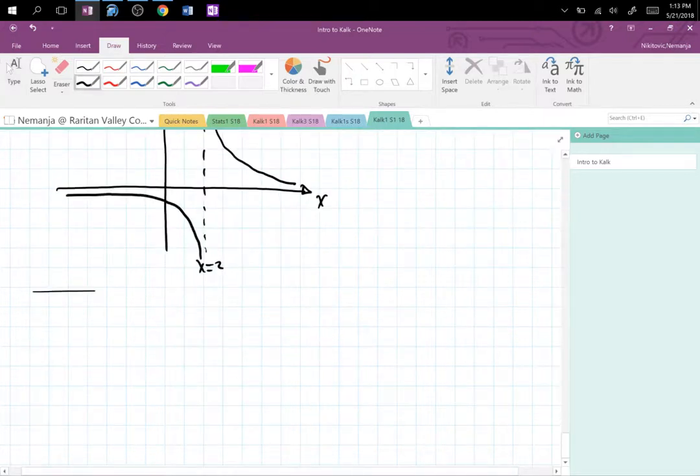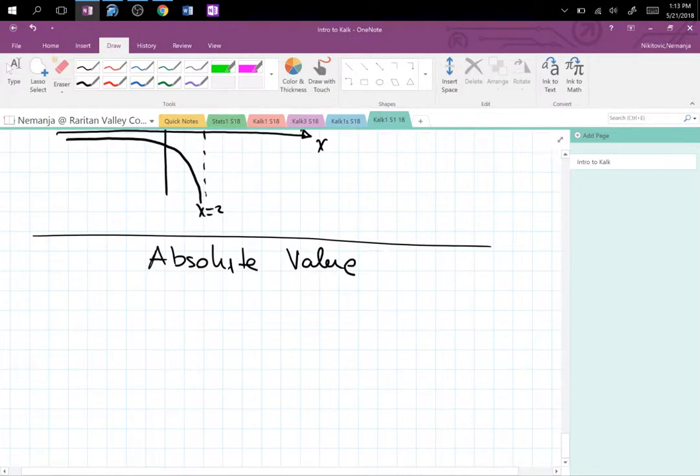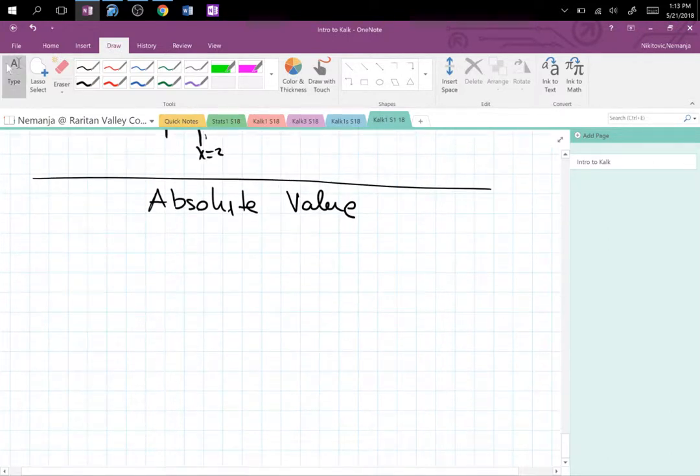Let's talk about absolute value, which brings us to piecewise functions. I'm going to try them all. All right, so what does the absolute value do? Okay, so the consequence of having absolute value is to make numbers positive.